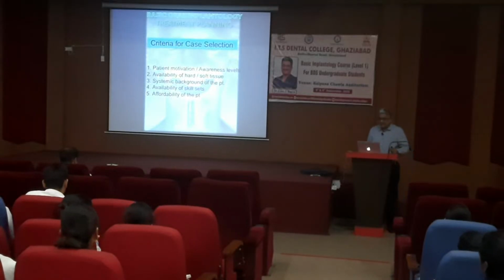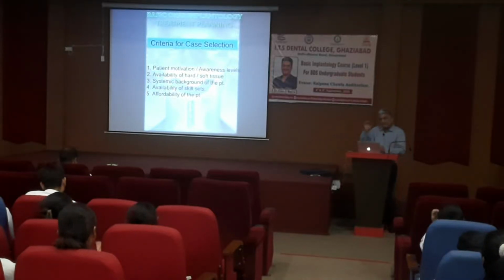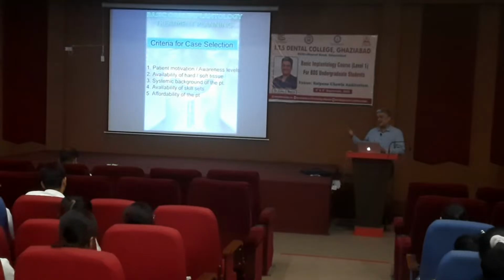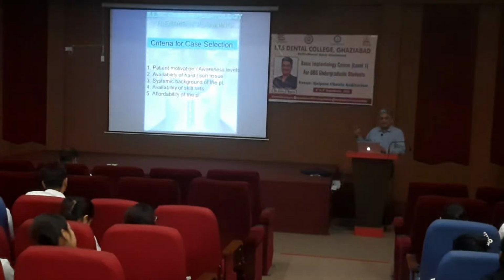Affordability of the patient, very important. Give him the whole treatment plan. You never know when you're doing the procedure whether you require a grafting procedure along with that, or you require an angulated abutment which costs extra, or would require a screw retained prosthesis which again costs extra.